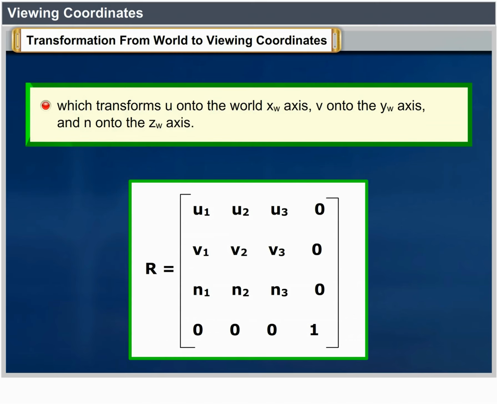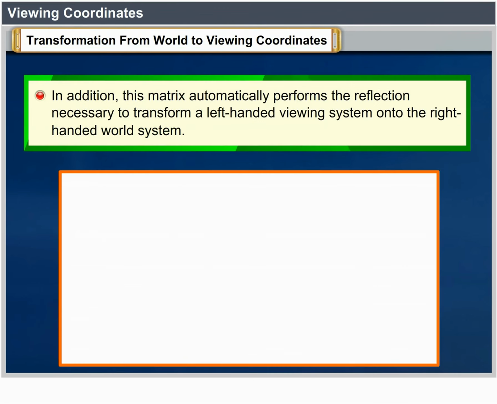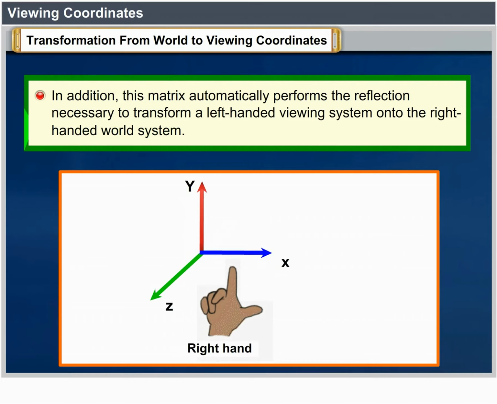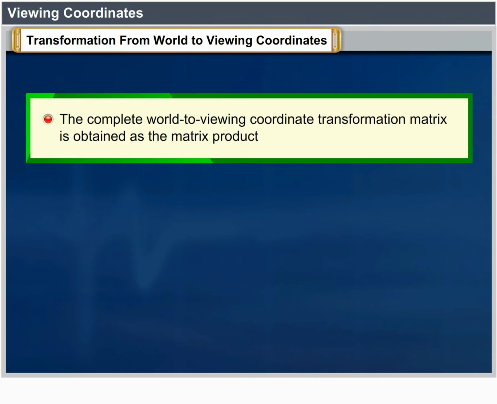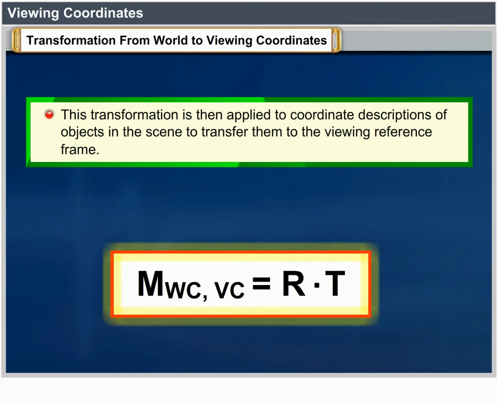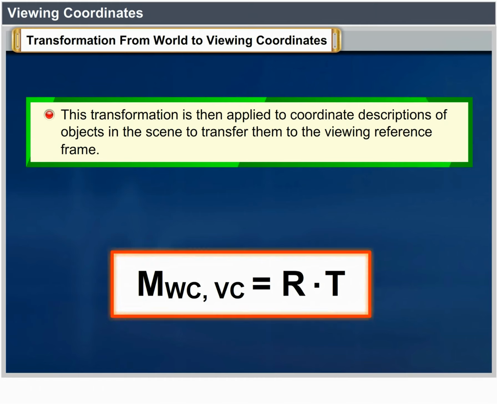In addition, this matrix automatically performs the reflection necessary to transform a left-handed viewing system onto a right-handed world system. The complete world-to-viewing coordinate transformation matrix is obtained as a matrix product M(WC,VC) = R·T. This transformation is then applied to coordinate descriptions of objects in the scene to transfer them to the viewing reference frame.